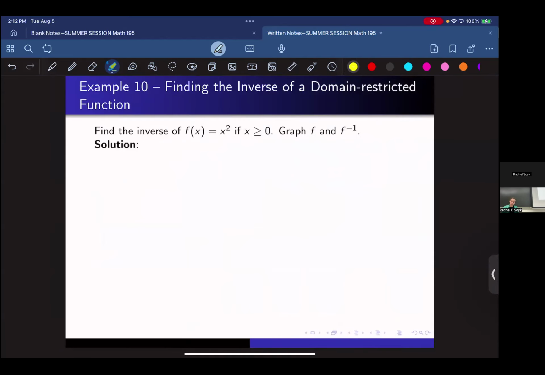So we're asked to find the inverse of this quadratic function f of x equals x squared, if x is greater than or equal to 0. We're going to graph f and f inverse. The graph of f we know quite well.